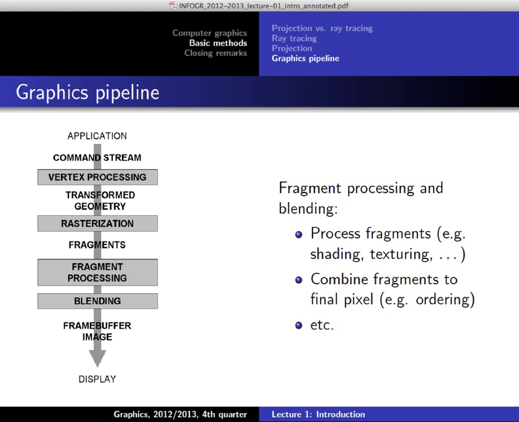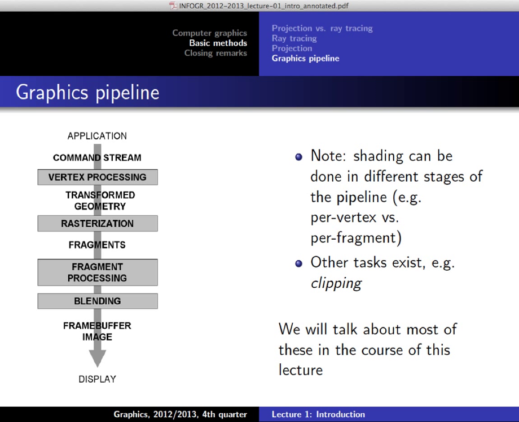If you have a transparent fragment, then you have to combine the 2 colors in an appropriate way to draw your final pixel. Or if the triangle is not transparent, then you have to make a decision: which triangle is in front? So which is the triangle that you actually see on the screen, and the other one you have to ignore, because if it's behind it and not transparent, you don't see it from that perspective. Good.